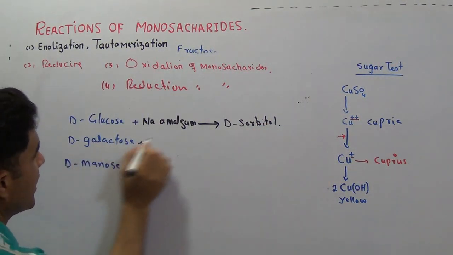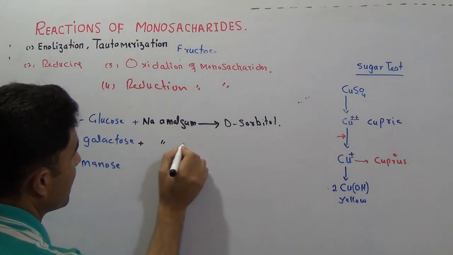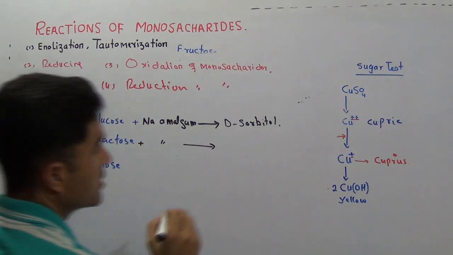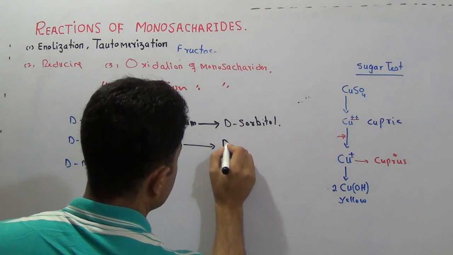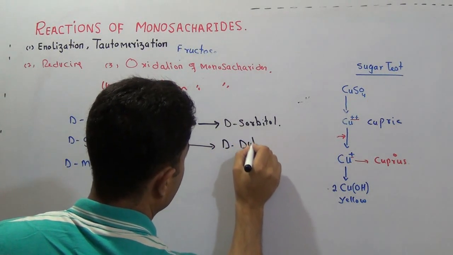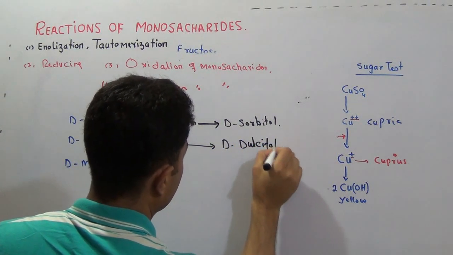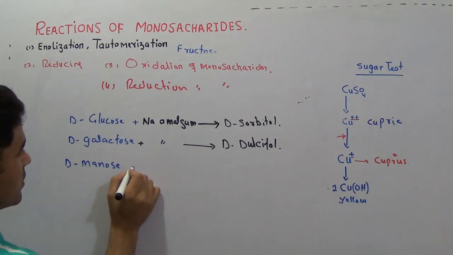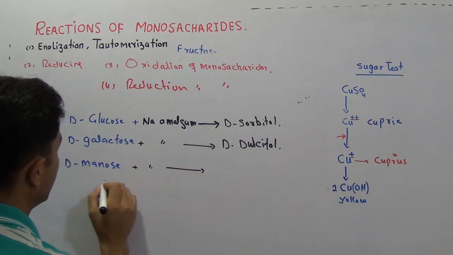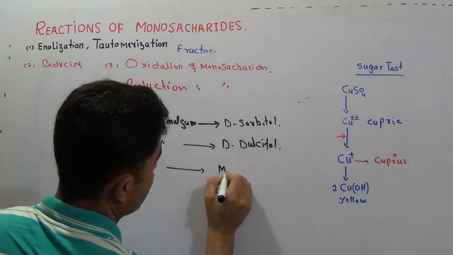If you reduce D-galactose with the same agent, sodium amalgam, what will you get? Dulcitol. And D-mannose with the same, you will get mannitol.